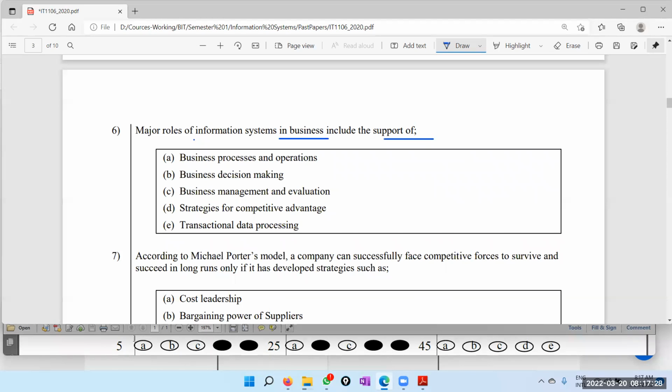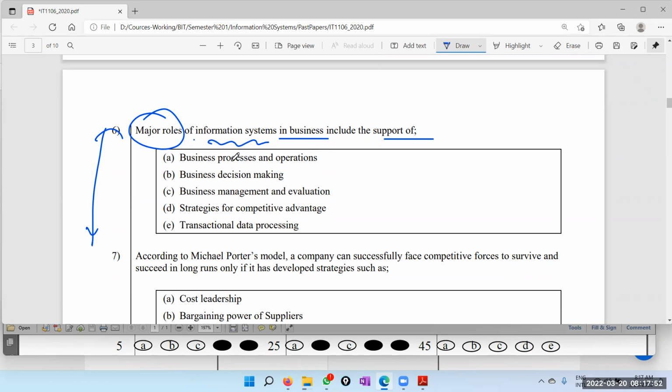Communication and collaboration, especially with internal as well as outside business partners, etc. So many. So this is an open question. Major roles of information systems in a business.